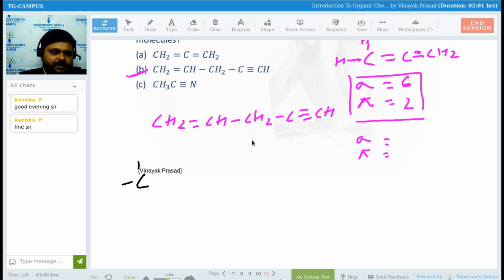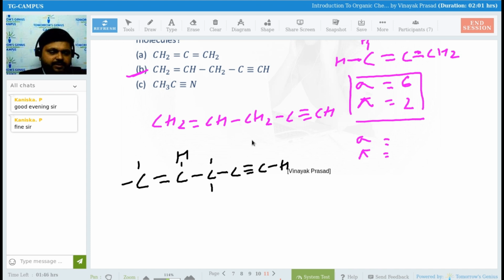Carbon, hydrogen, then double bond, then carbon, hydrogen, carbon, hydrogen, carbon, triple bond, carbon, hydrogen, right? So these two are sigma. So 1, 2, 3, 4, 5, 6, 7, 8, 9, 10.